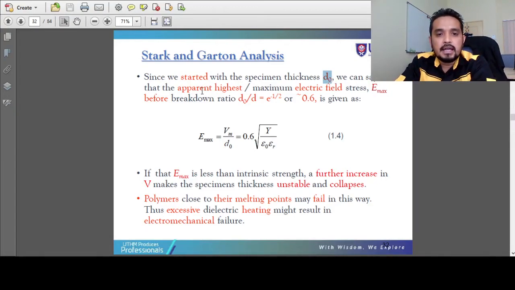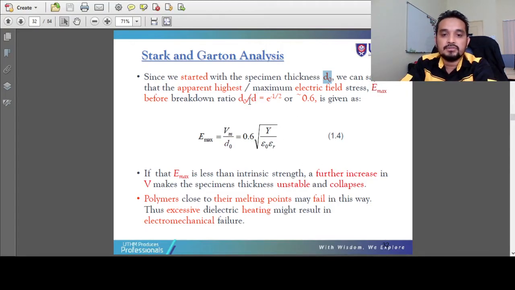We can say that the apparent highest or maximum electric field, E max, before the breakdown is given by D naught over D, which is equivalent to exponential 1 over 2, or 0.6.